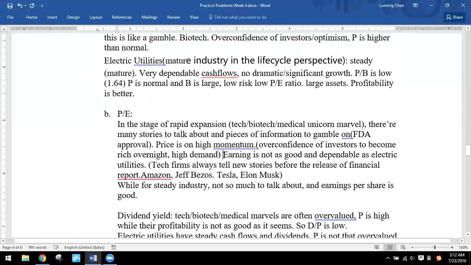while the earning or profitability is not as dependable as electric utilities. We know that tech firms always tell news stories before the release of financial reports, such as Amazon and Tesla. And Jeff and Elon are the masters in telling stories.